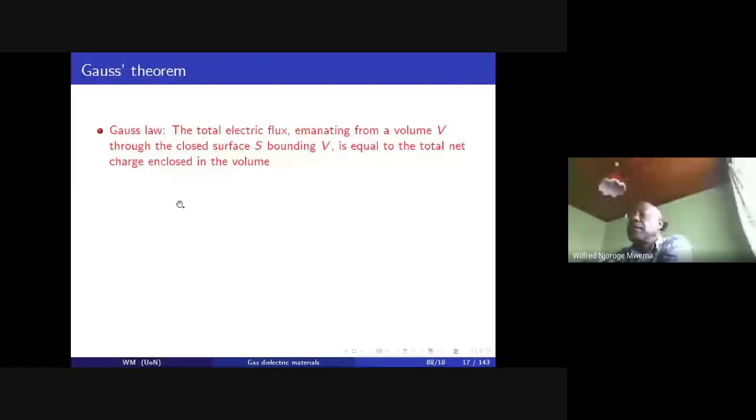Another important theorem is Gauss theorem, which allows us to compute or measure charge in a given area. This states that the total electric flux emanating from a volume V through the closed surface S that bounds V is equal to the total net charge enclosed within the volume.